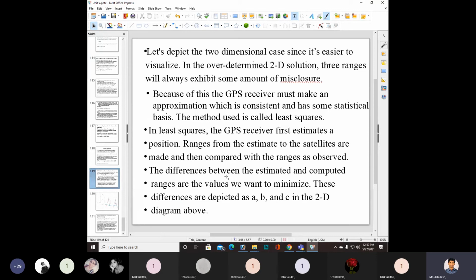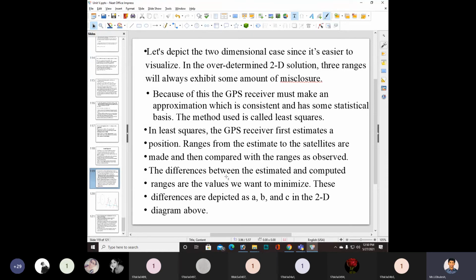Let's depict the 2-dimensional case since it's easier to visualize. In the overdetermined 2-dimensional solution, 3 ranges will always exhibit some amount of misclosure.